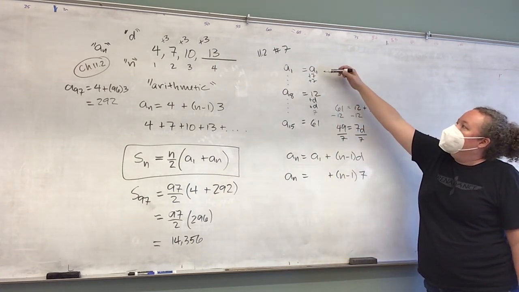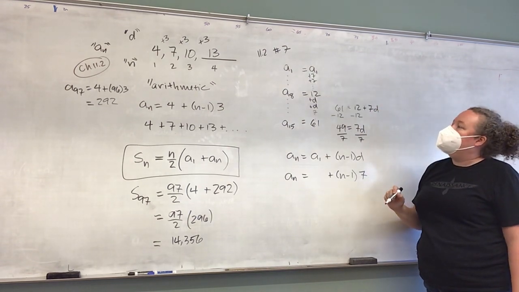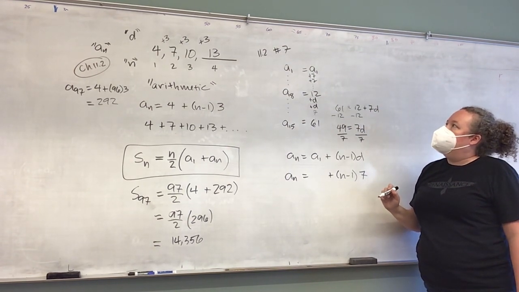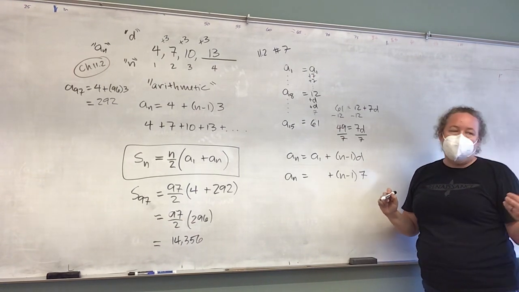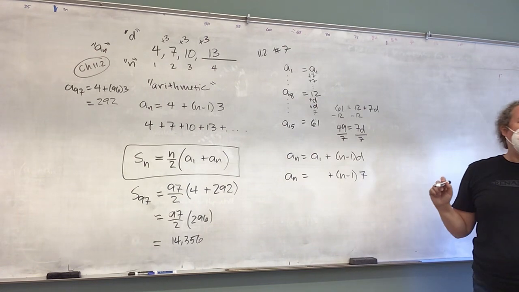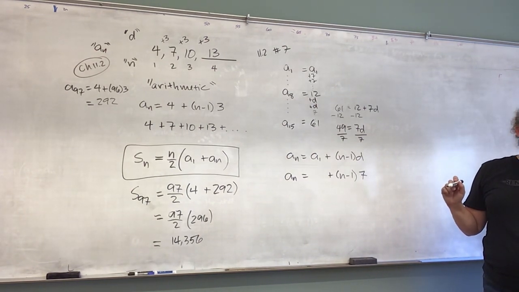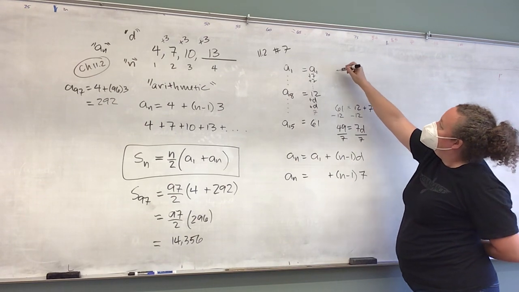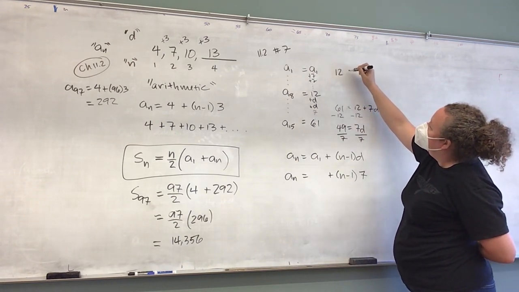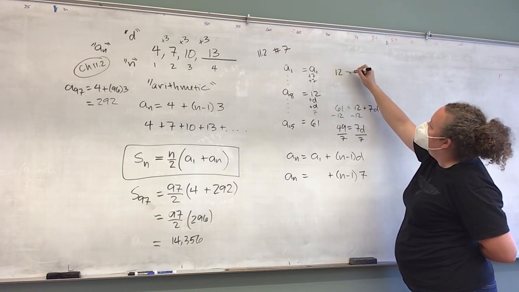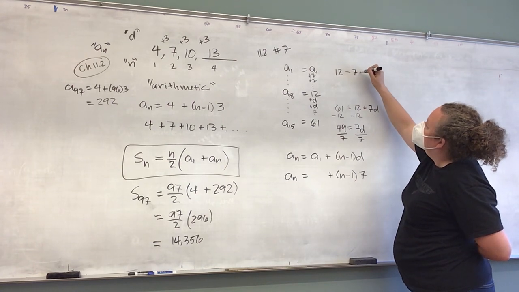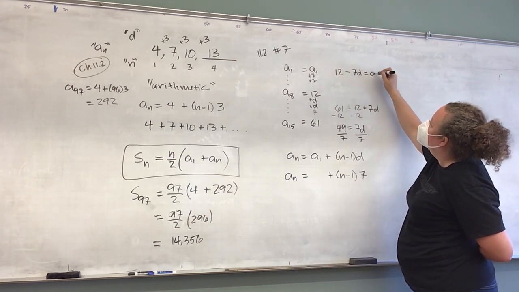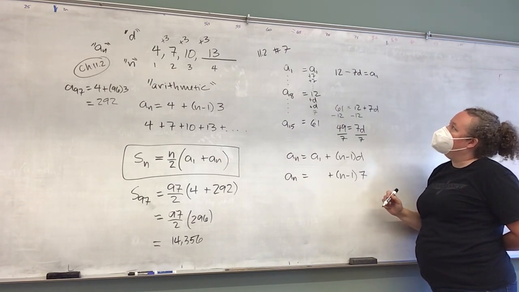So how can we rewrite this relationship between A sub 1 and 12? 12 minus 7 times 7, yeah, is equal to A sub 1.